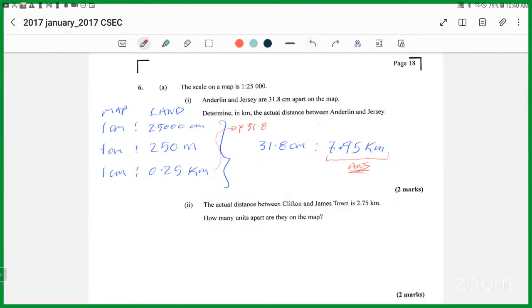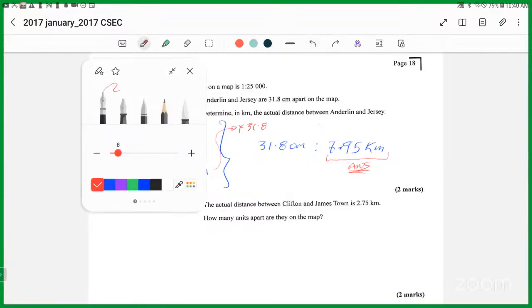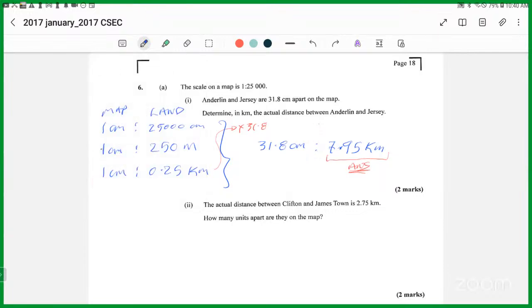We have map to land, it's 1 centimeter to 0.25 kilometers. I want to know what 2.75 is. So I want this side to become 2.75.